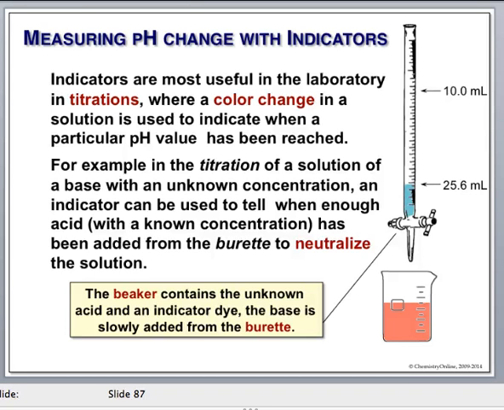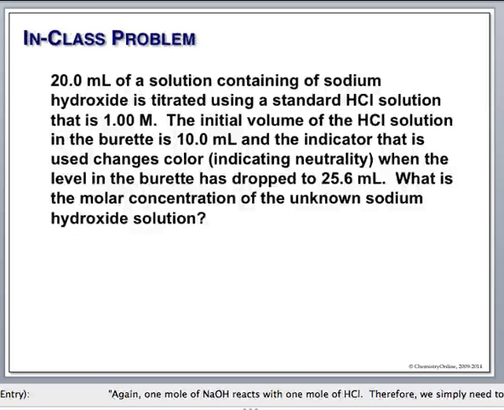Concentration and a volume, you know how many moles you added. If you know how many moles you added, you know how many moles were in your unknown. So this is what we do when we do a titration.